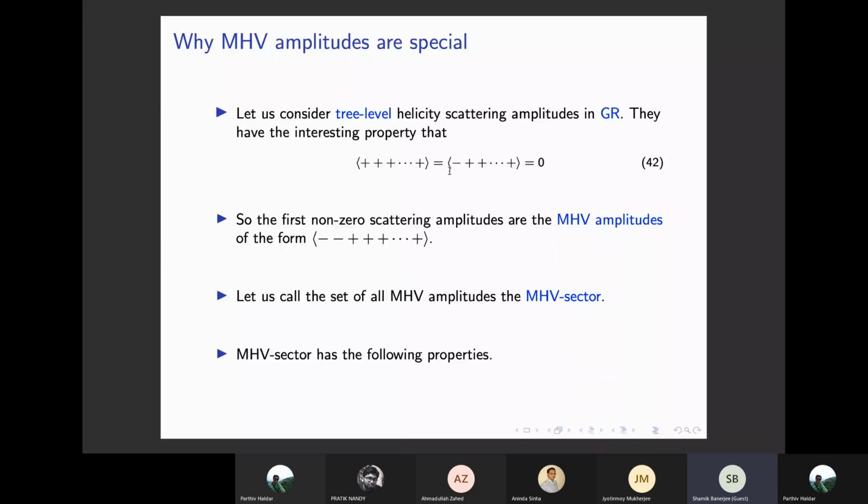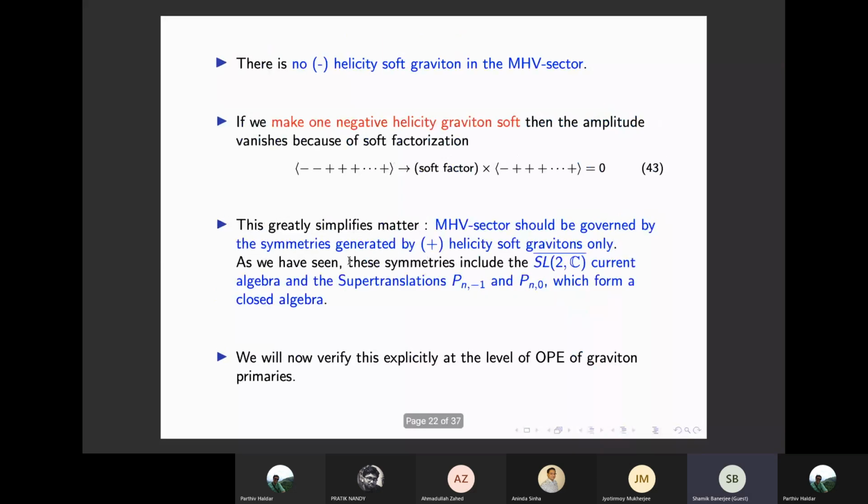And that is essentially because at tree level in GR, we have that all plus and all plus one minus is 0, and then the first non-zero amplitude is of this form, and these amplitudes are extremely special because I can't have a soft negative helicity graviton in this case, so I can have only soft positive helicity.